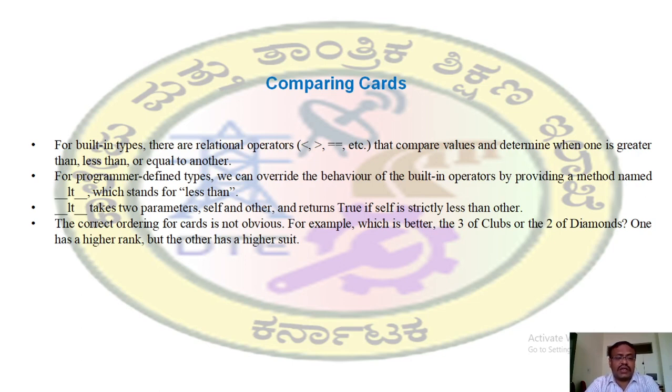The return value of lt is true if and only if the object self is strictly less than the other object.